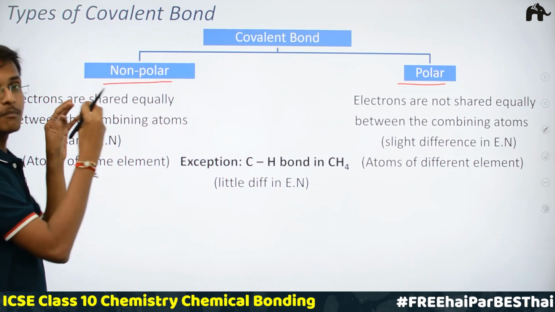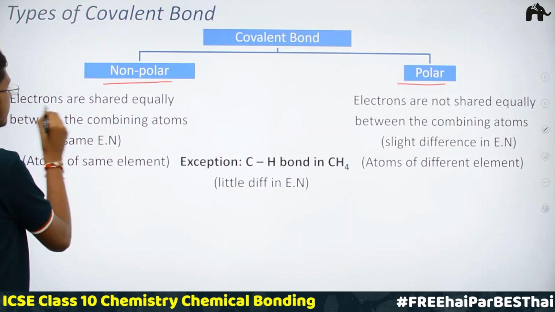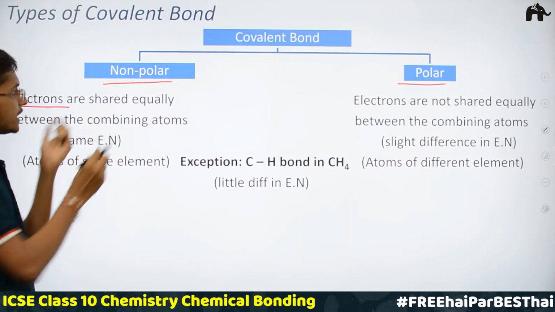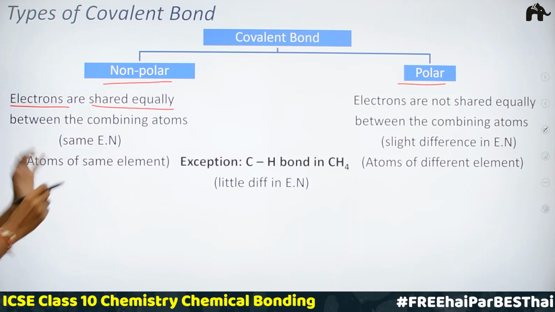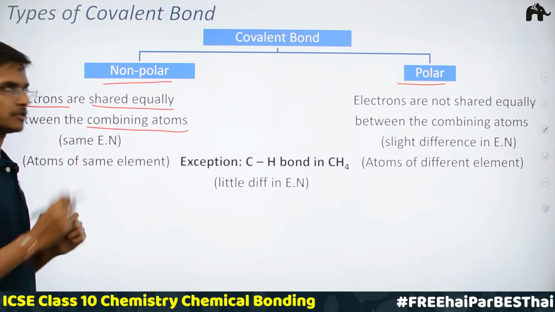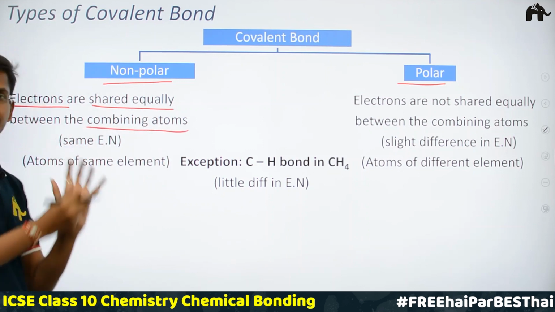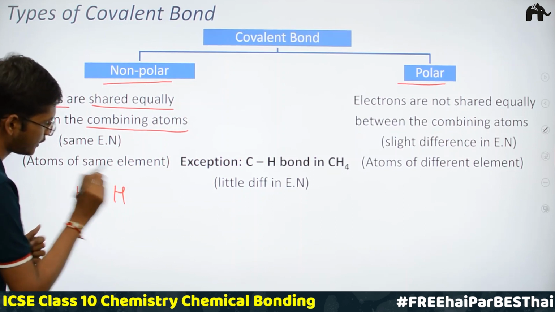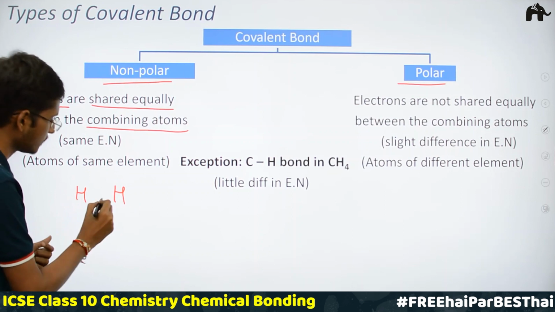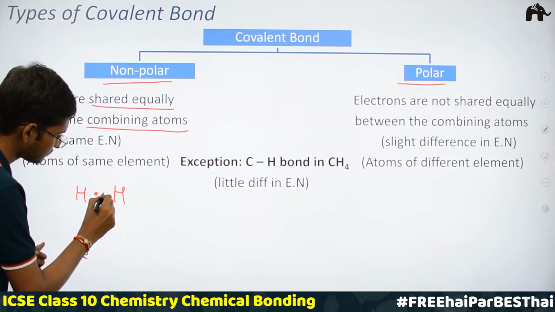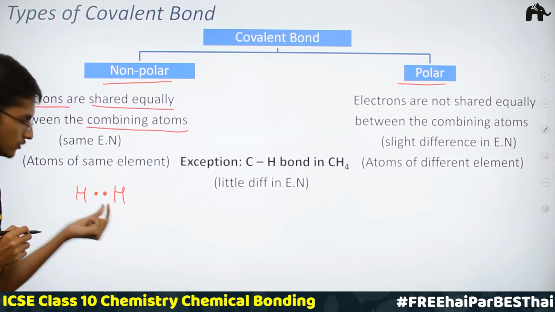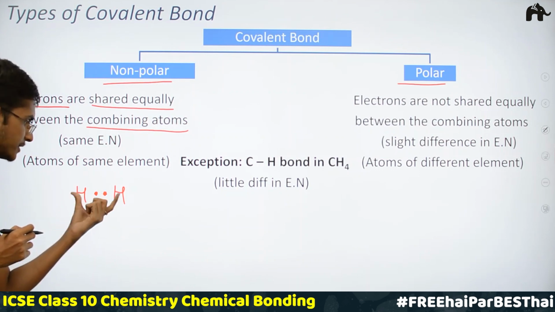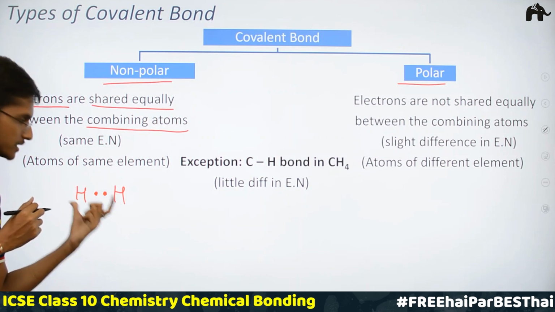In this covalent bond, the electrons are shared equally between the combining atoms. Now what does this mean? Let's take an example to understand this. I am taking the example of a hydrogen molecule, H2 molecule. Now here this electron pair is shared between the two hydrogen atoms, right?